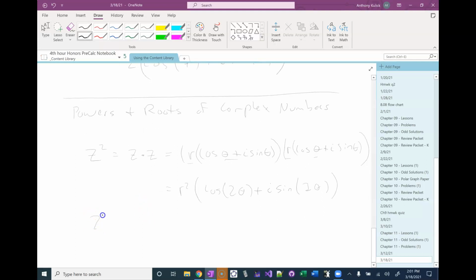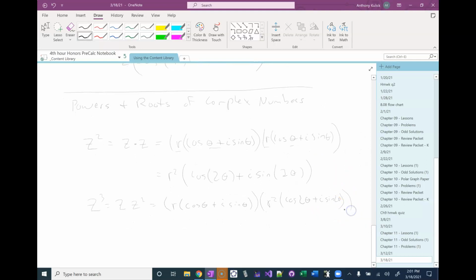Now if I did z to the third, that's the same thing as z times z squared. So I'm just going to have r times (cosine theta plus I sine theta) times my previous result, which was r squared (cosine 2 theta plus I sine 2 theta). So if I do it again, I have r times r squared, r cubed, cosine of theta plus 2 theta, so cosine 3 theta, and sine 3 theta.